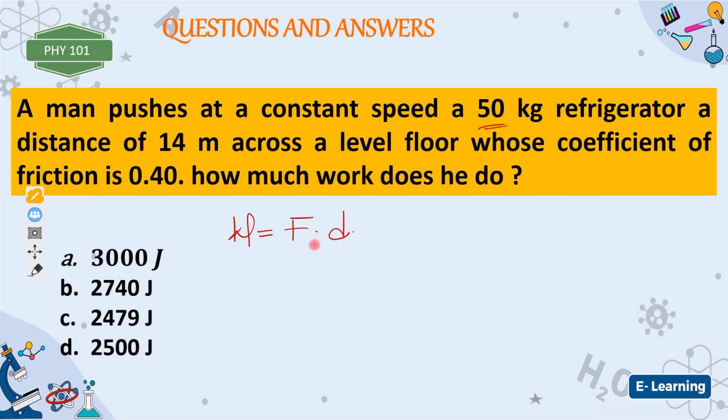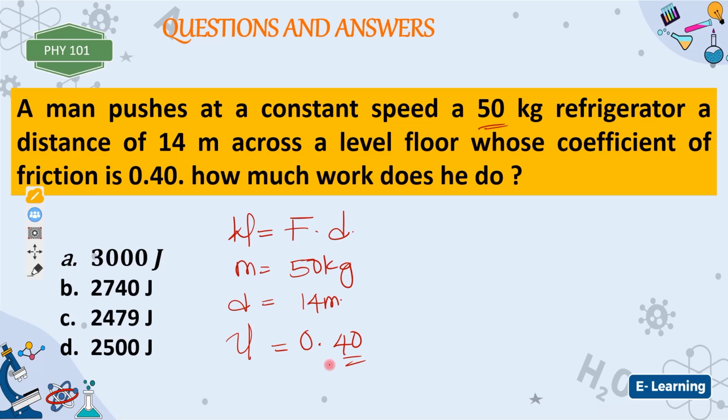Now, for this particular one, a man pushes at a constant speed. The speed was not given, but the mass was given to be 50 kg. The distance was given to be 14 meters. The coefficient of friction was given to be 0.4. How much work does he do?